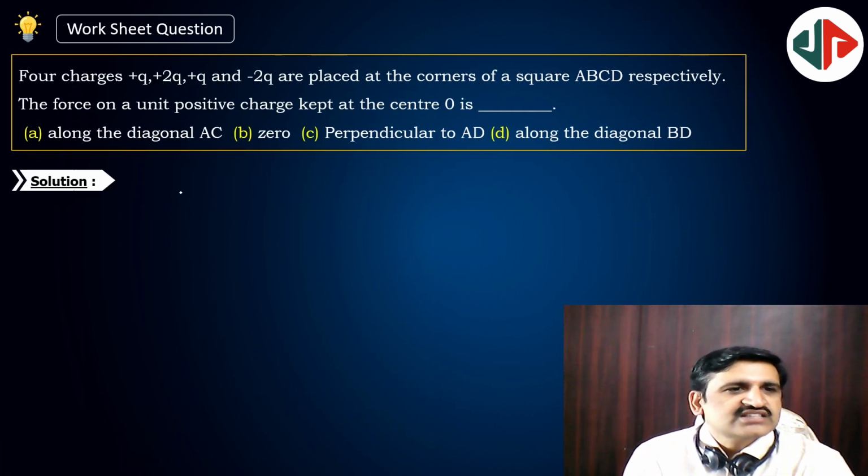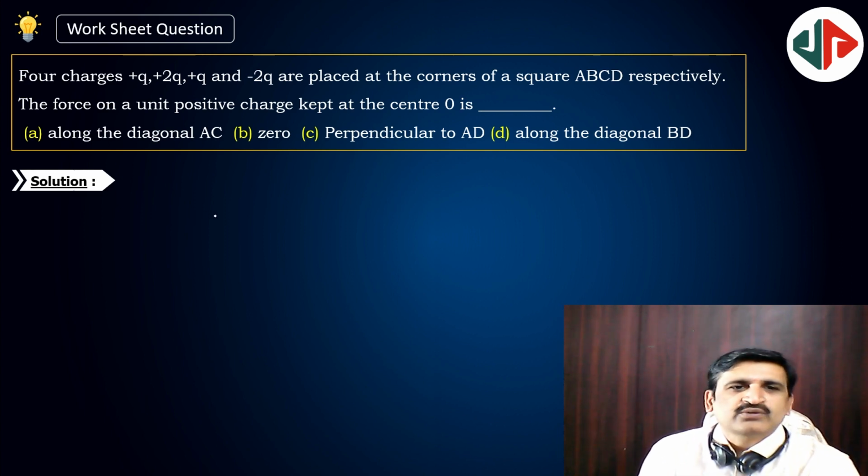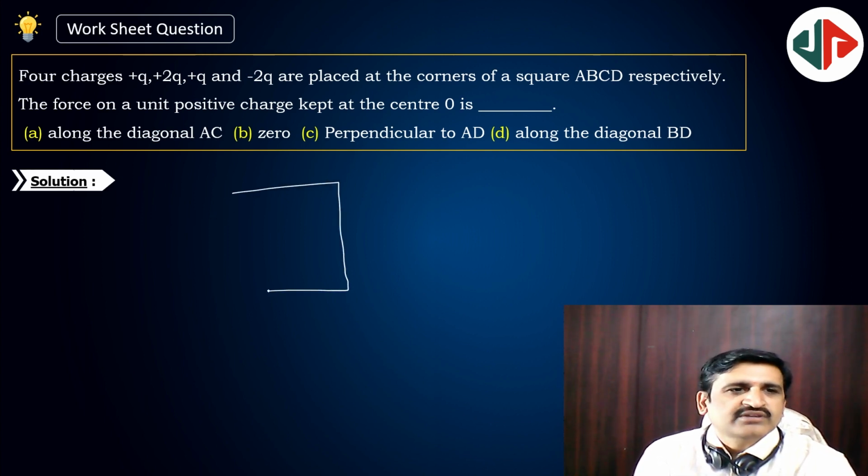Four charges Q, plus 2Q, plus Q and minus 2Q are placed at the corners of ABCD respectively. The force on a unit positive charge kept at the center O is? Let me take the four charges.